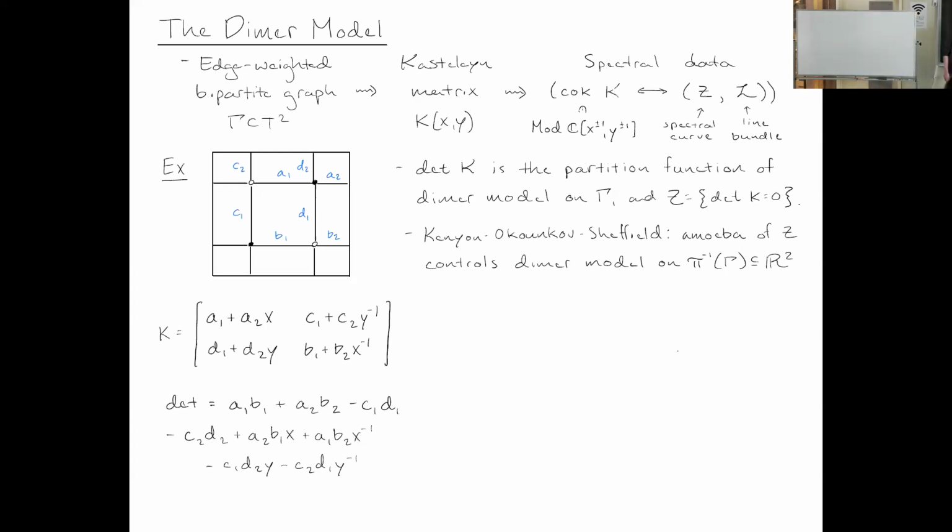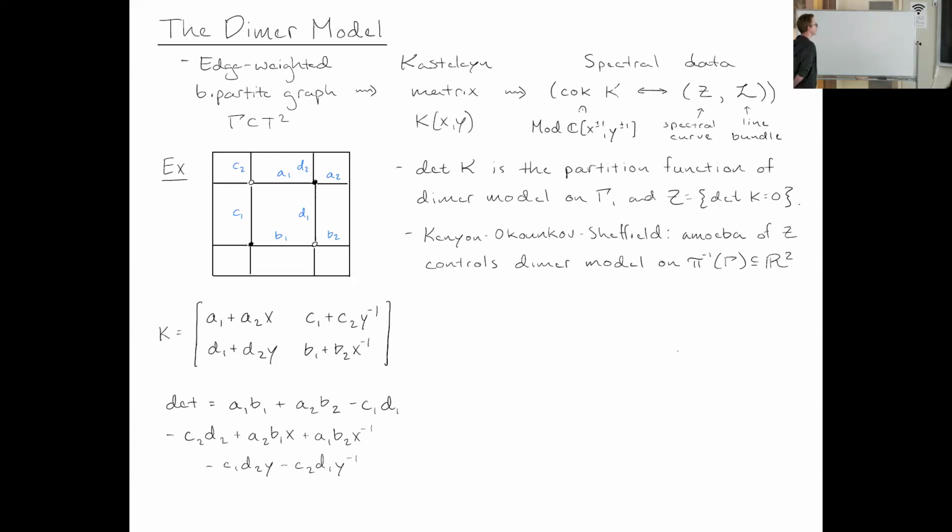So what does this matrix define? The matrix depends on the graph and it depends on the choice of fundamental domain. What's not going to matter is, even for the determinant, is it an intrinsic object that's associated to the model?